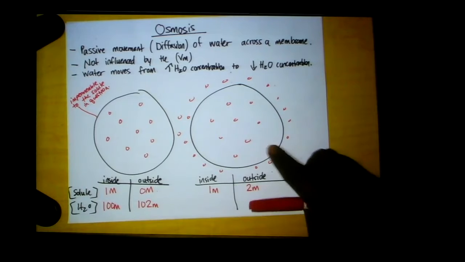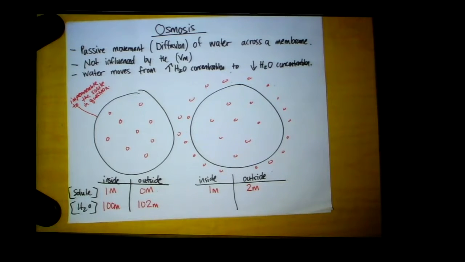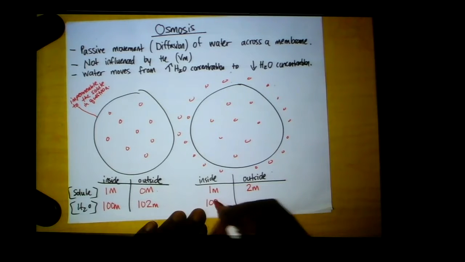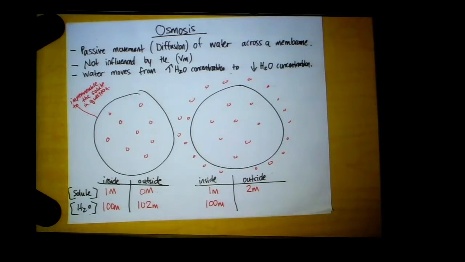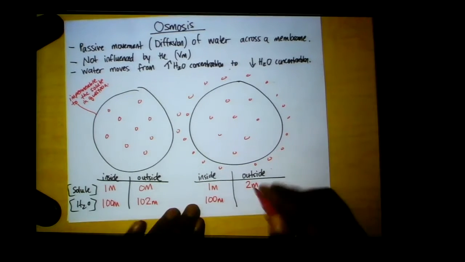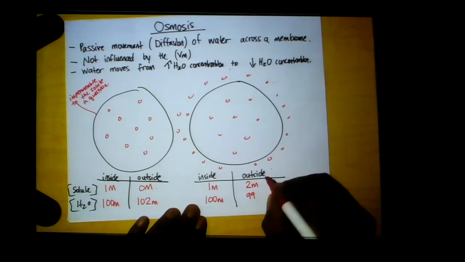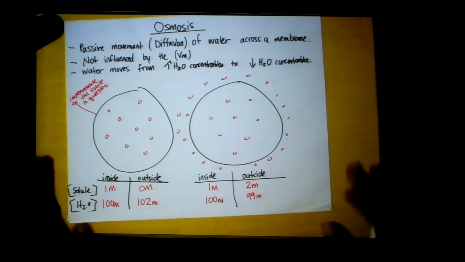And we can see that here. So outside of the cell, the solution has twice as many particles. And then if we look at the water concentration, it's going to be higher inside the cell now because the solute concentration is more on the outside of the cell, and then lower outside the cell. Okay.